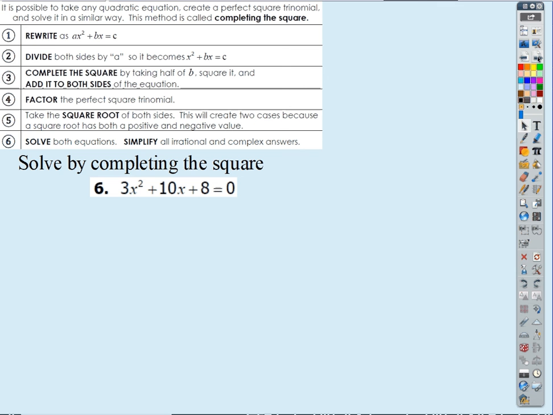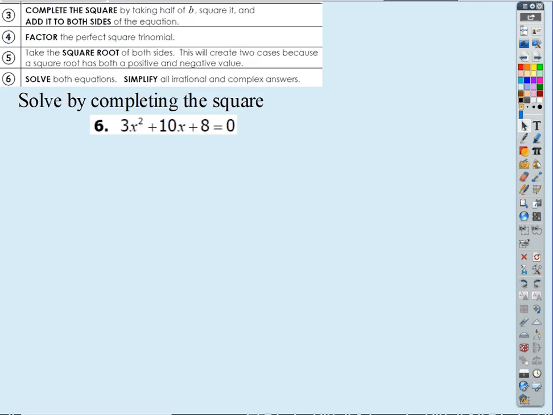Do you think this is one we're eventually going to do by completing the square? No, there's going to be a better way. It's never going to be super simple, but we could make it simpler by using a different strategy. We'll get to a point where you'll be able to tell me, that's when we want to complete the square, that's when we want to factor, and that's when we want to do our fourth option, which we haven't talked about yet.